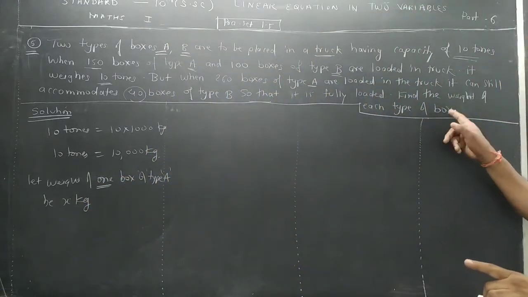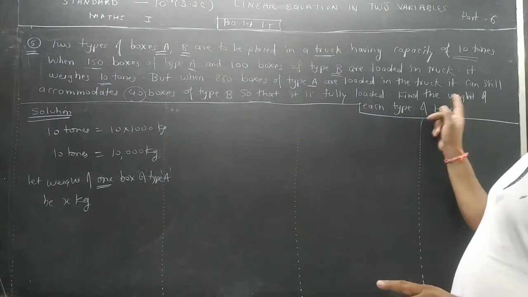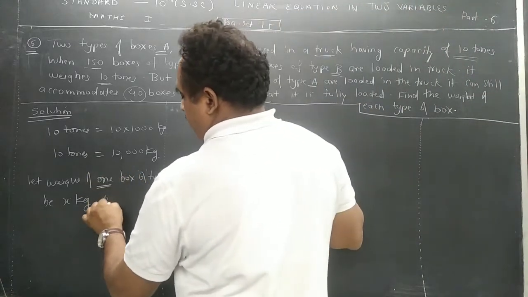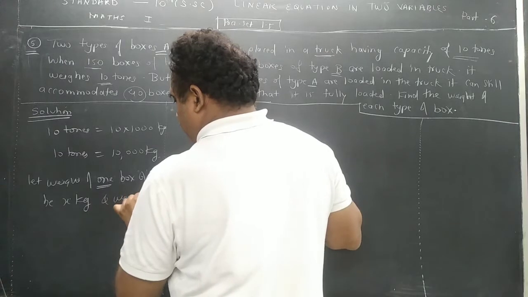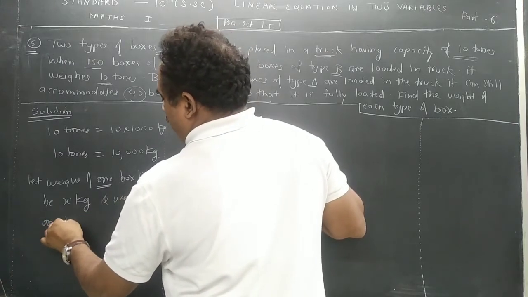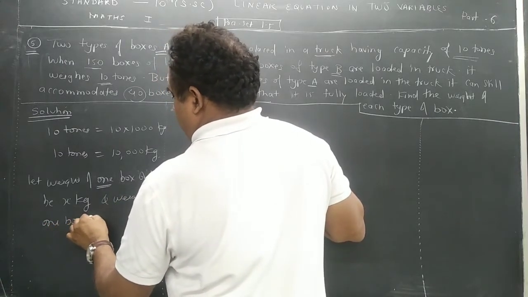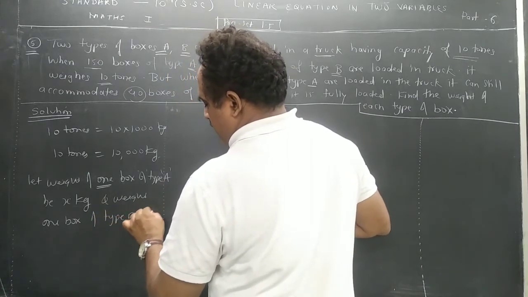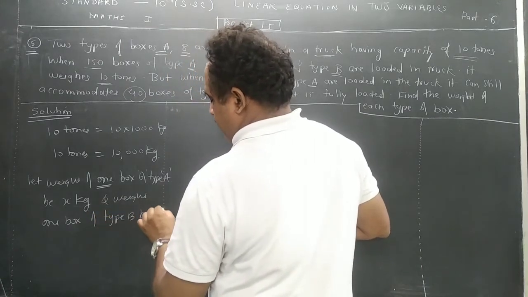They have asked each type of box. Find the weight of each type of box. So one box, and weight of one box of type B, Y kg.